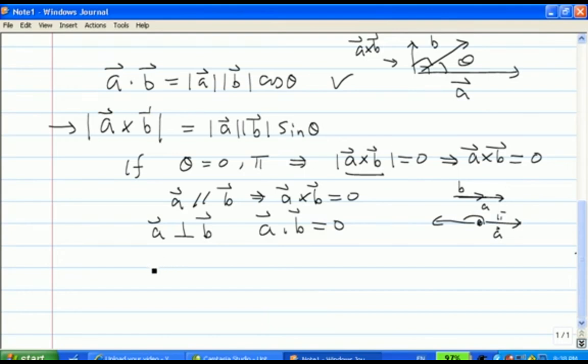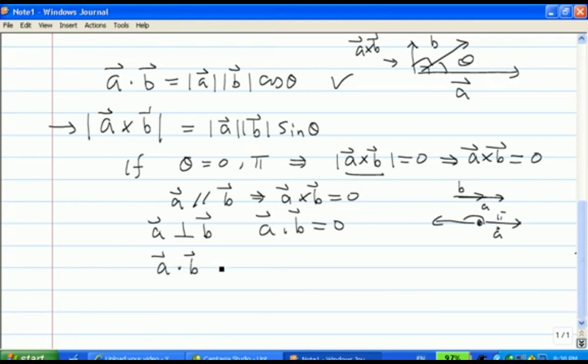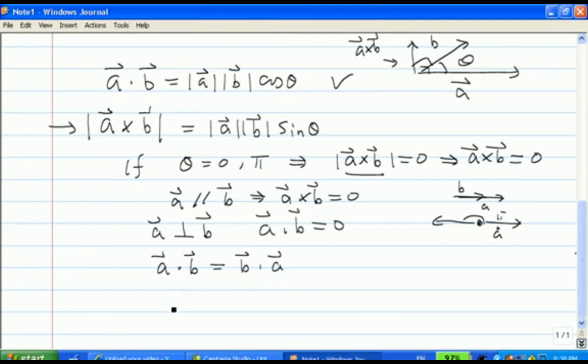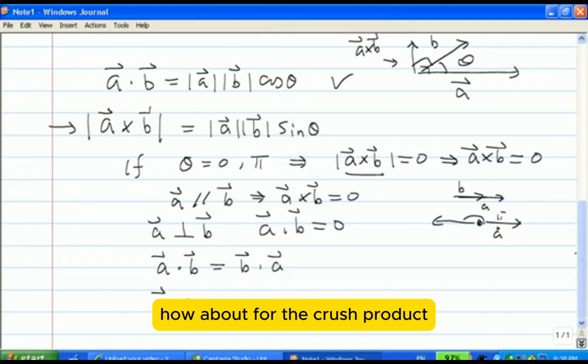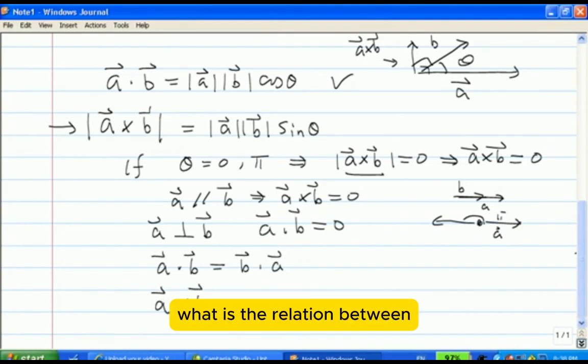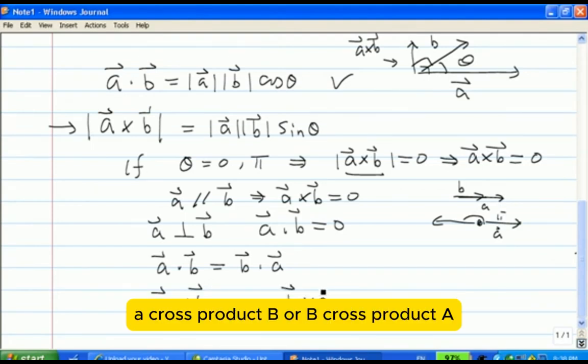Now, for the dot product, we have A dot B equal to B dot A. How about the cross product? What is the relation between A cross B and B cross A?